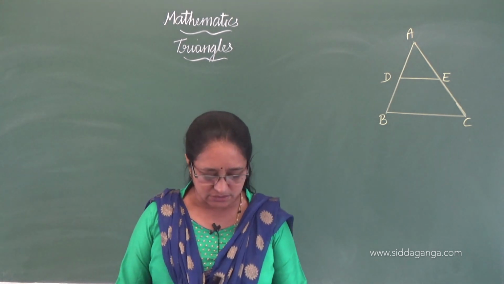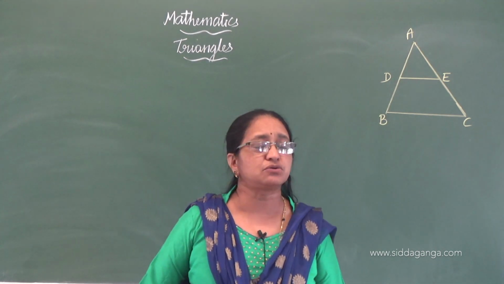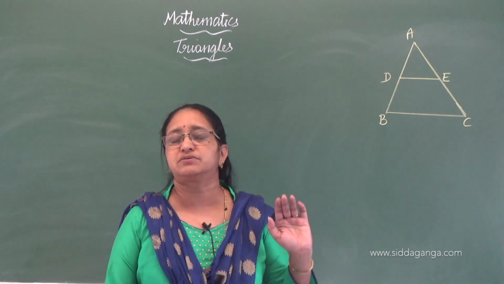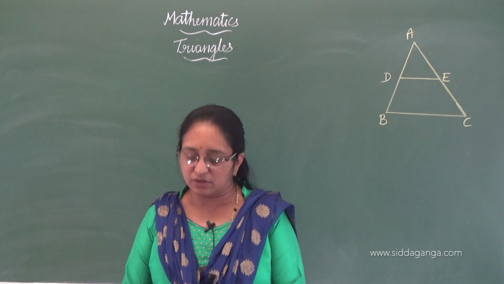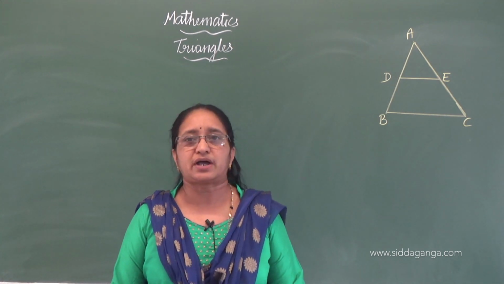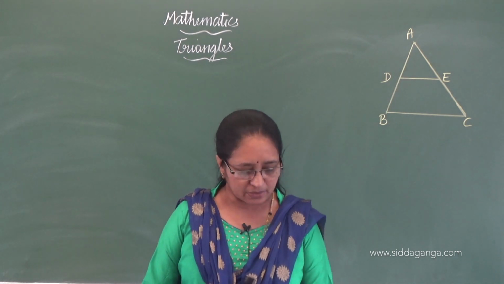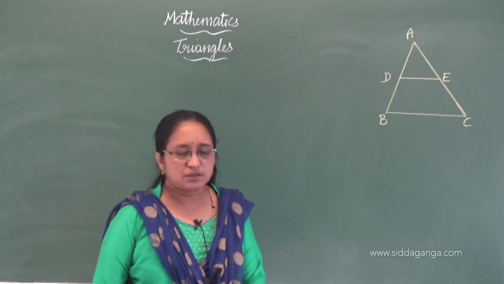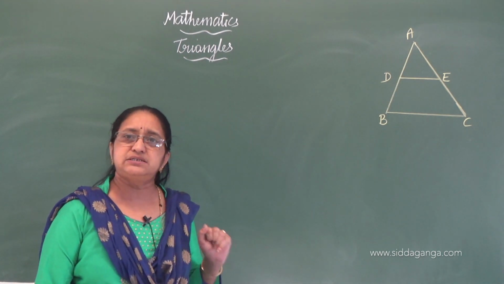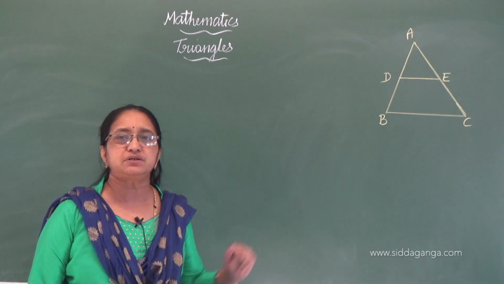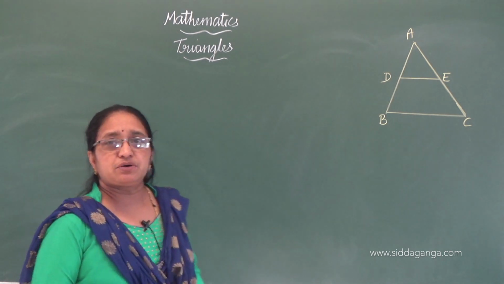Since they have not given it in your textbook, but we are going to use these results which I am going to show now in your exercises. So I felt it is very, very important for you to understand. Now let us see what are the other results which we can derive from the BPT. So what is that BPT, what we have learnt?